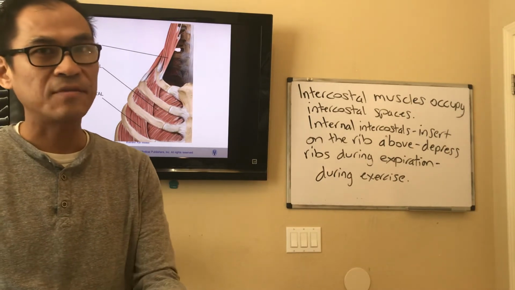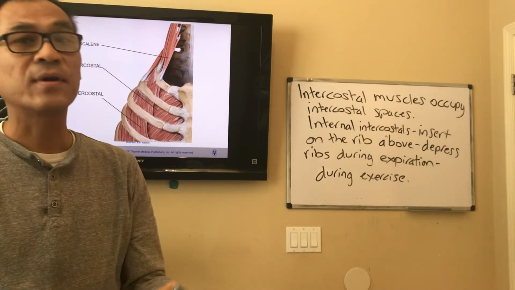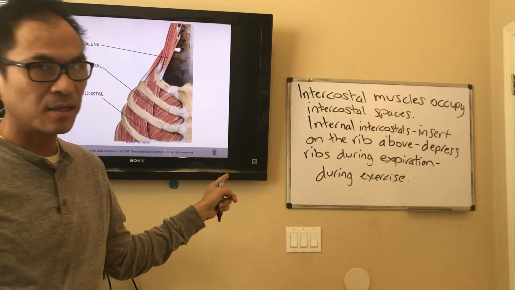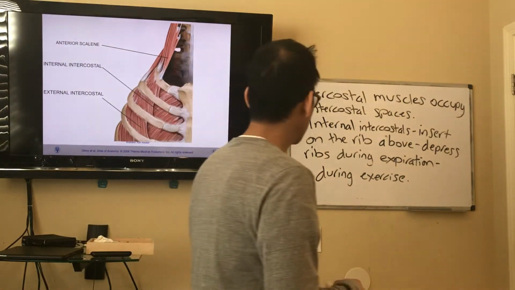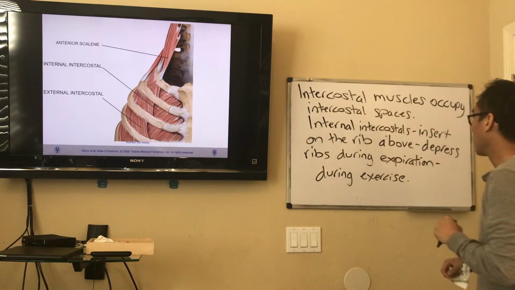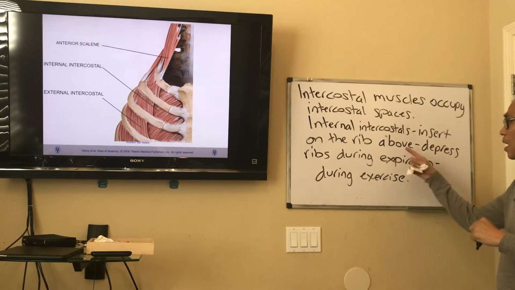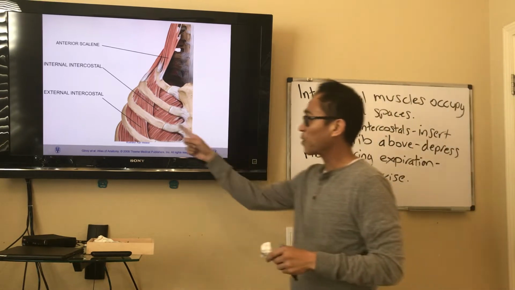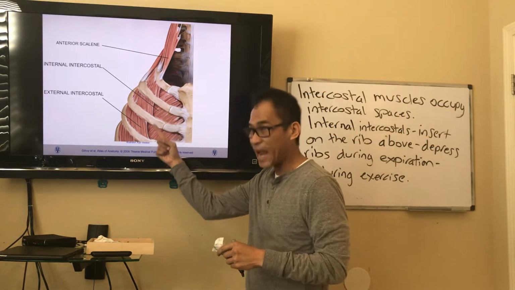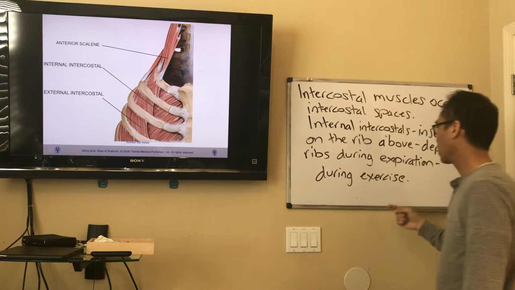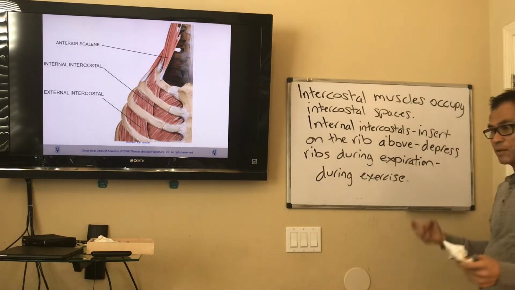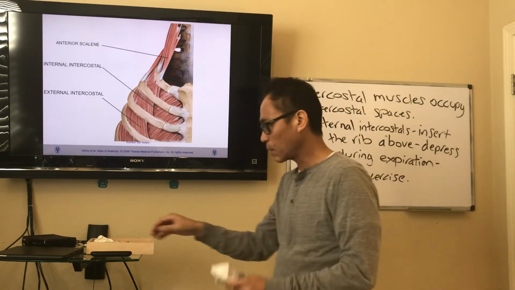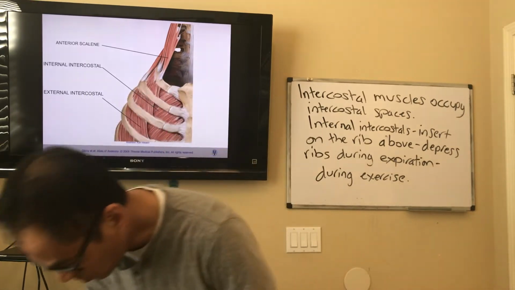You usually don't have to recruit muscles to do that, but during heavy breathing as in exercise, you recruit muscles like the internal intercostals. So I say it inserts on the rib above it. If you insert on the rib above, you can pull down, hence depressing ribs. All right. Move on.